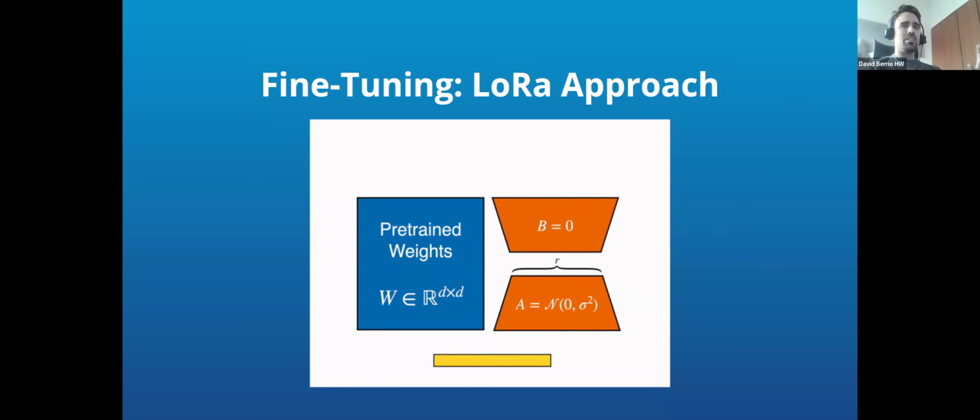We are not going to change the parameters for the whole model, but instead we are going to change just a few of them, adding some additional matrices that we are going to modify to make it better at that particular task. So this approach is very popular, the LoRA approach, because it does not require us to have lots of infrastructure. It does not require us to spend a lot of time modifying the whole model, just some parts of it.